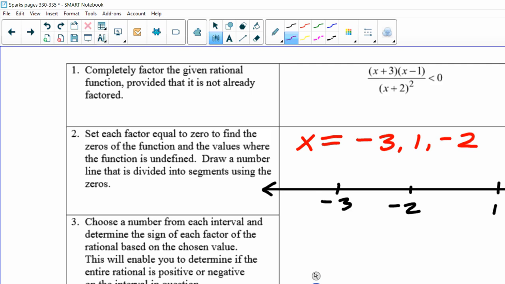We're going to pick a number in each of those intervals. I use -2.5. We can handle it. We'll survive. Remember, I don't need the number that comes out. I just need to know if it's positive or negative. -4. Negative times a negative.